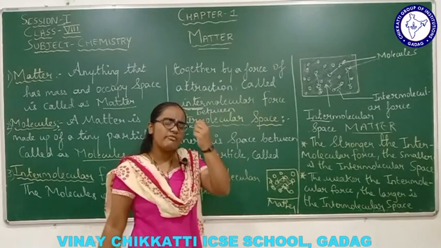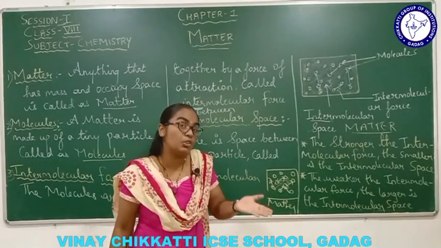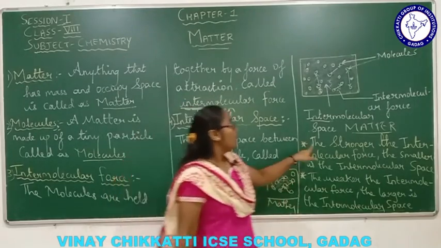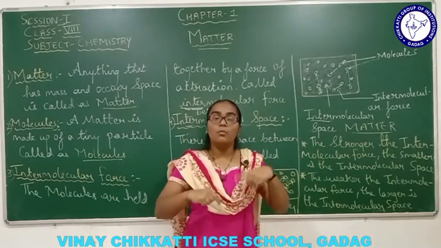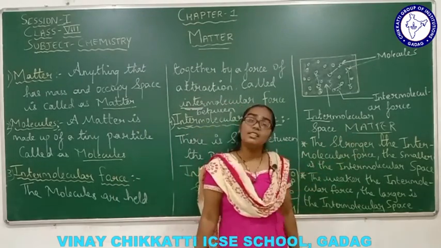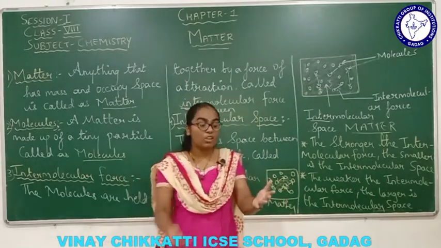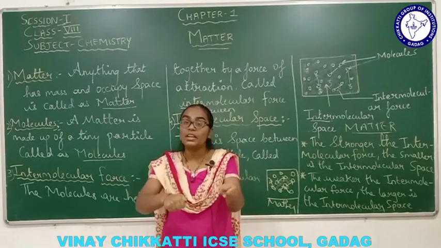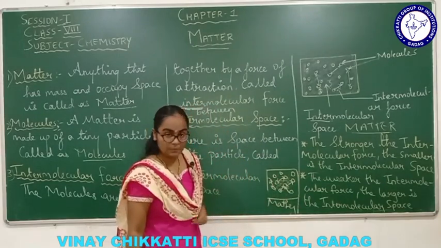They will have only a very tiny space between them, which is called intermolecular space. The stronger the intermolecular force, the less the intermolecular space, because many molecules are held together by that intermolecular force, right? Now the second statement.